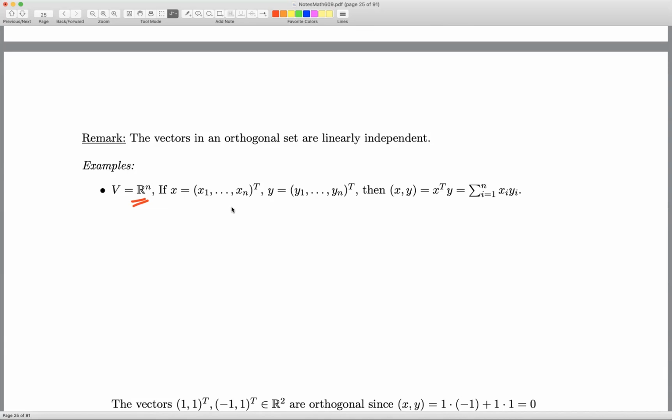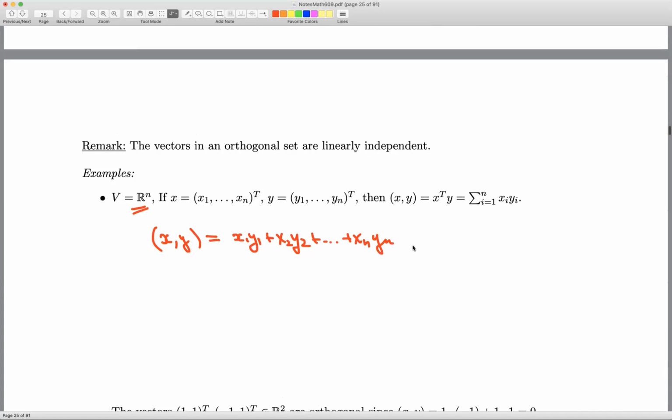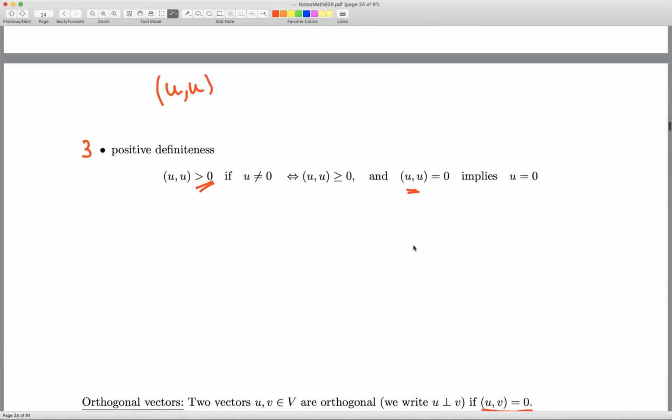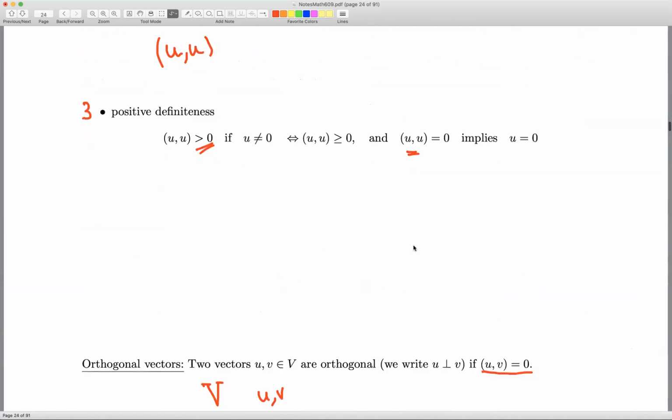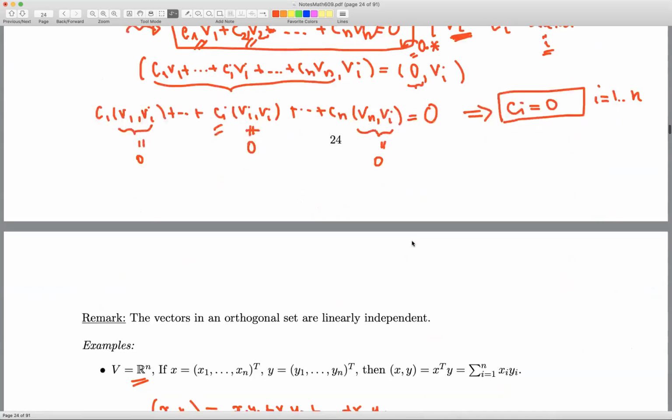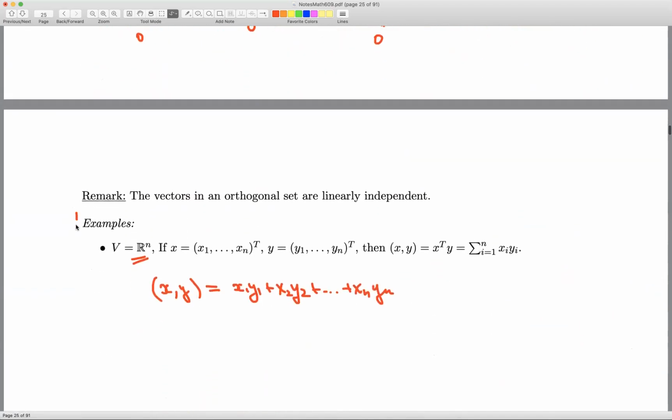And then one can show that the mapping which assigns to any two n-tuples x and y a number by the formula x1 y1 plus x2 y2 and so on plus xn yn is in fact a scalar product, because it satisfies all the conditions 1, 2, and 3 that an inner product is supposed to satisfy. Of course, when we say that this is an example, this needs a proof.